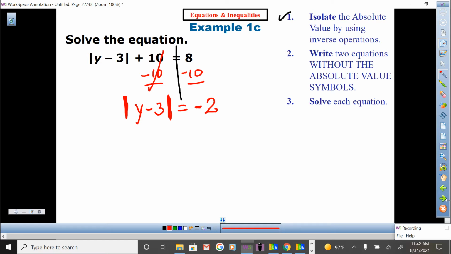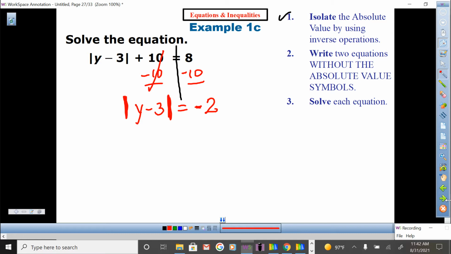Okay, let's see. Think about it. What is the absolute value? What did we say it was? Rachel. We said that it's the distance of a number from 0.